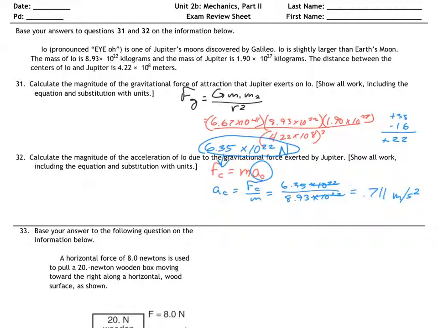You might also notice, if you're a super genius, that when you divide a force, which is newtons, by a mass, which is kilograms, it wouldn't seem reasonable to get a unit of meters per second squared. So if you wanted to give a unit of newtons per kilogram to this as well, that would also be correct.